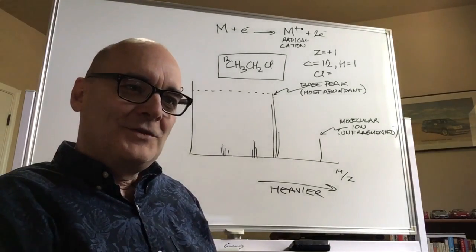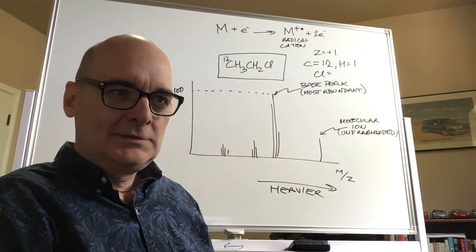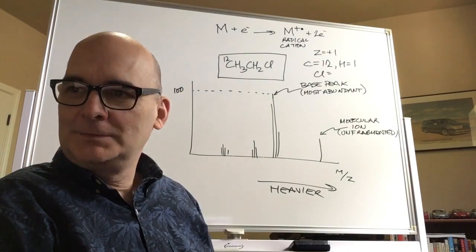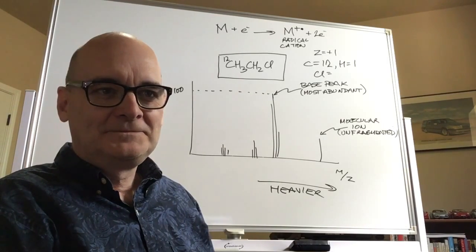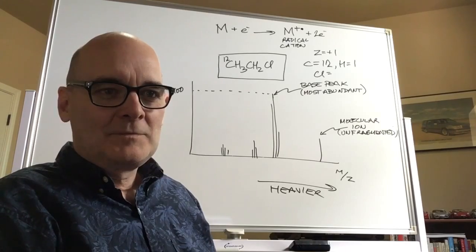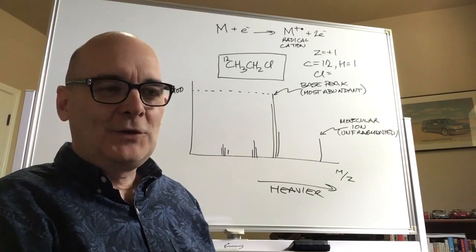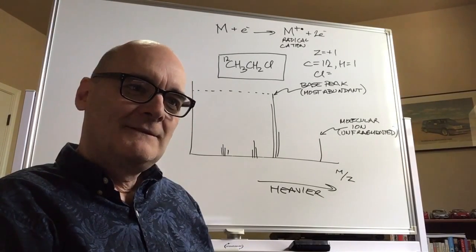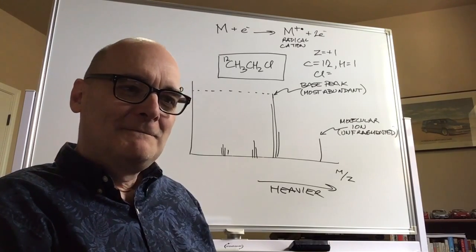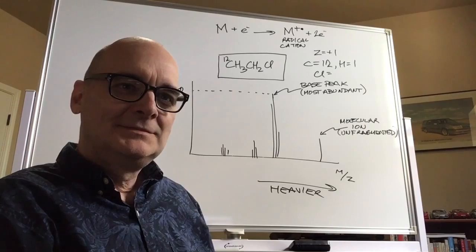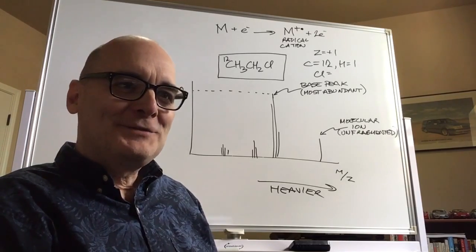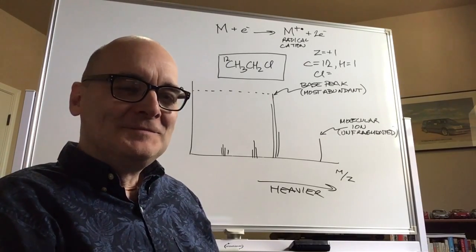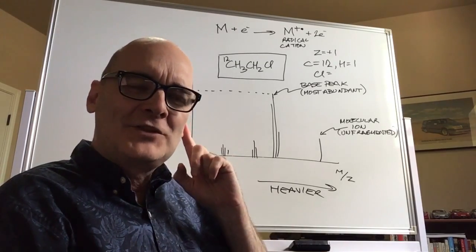The mass of hydrogen is 1. What's the atomic mass of chlorine? Come on. 35.